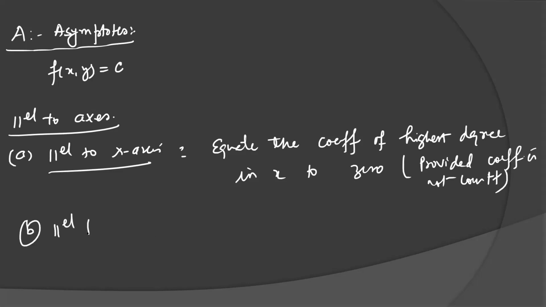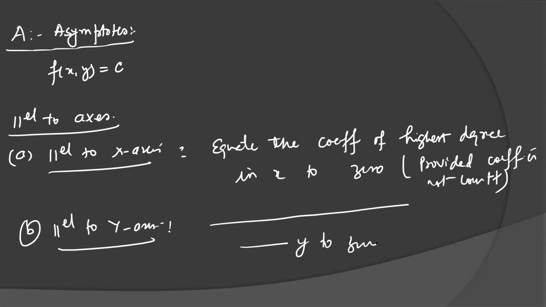Second is parallel to y-axis: I told you to equate the coefficient of highest degree in y to 0. And the second kind is inclined asymptotes. For inclined asymptotes, I have given a lecture on asymptotes. You can follow that working rule.